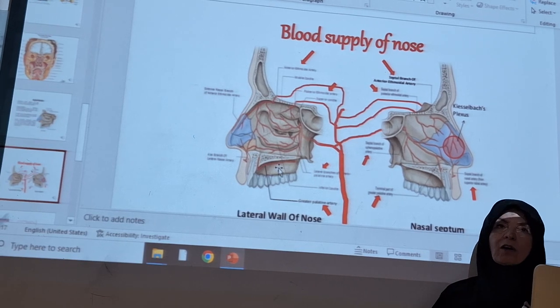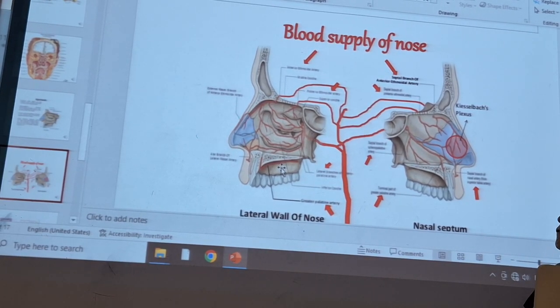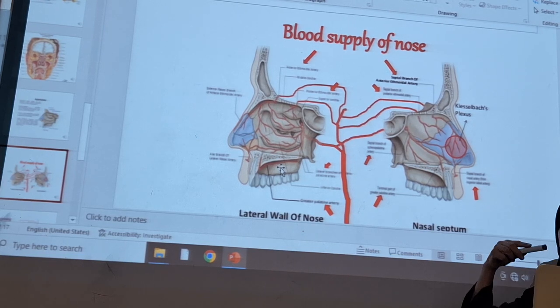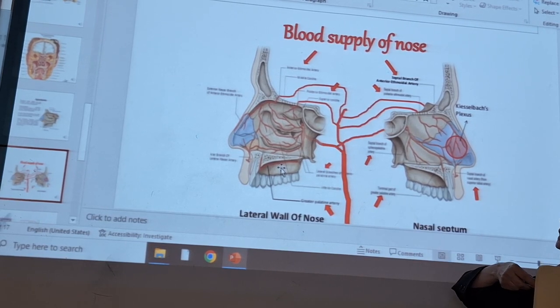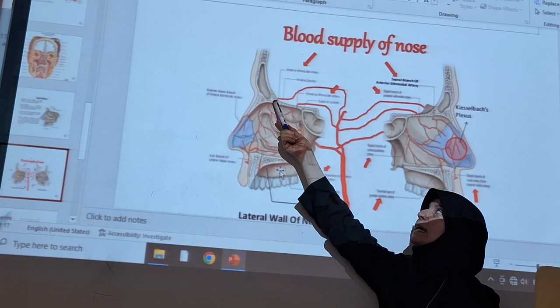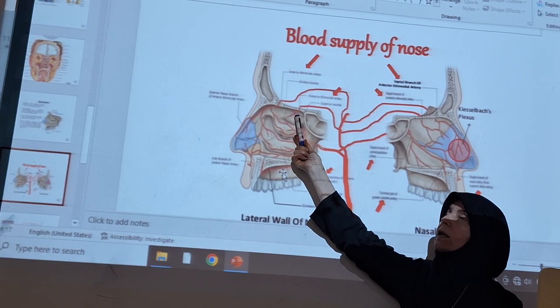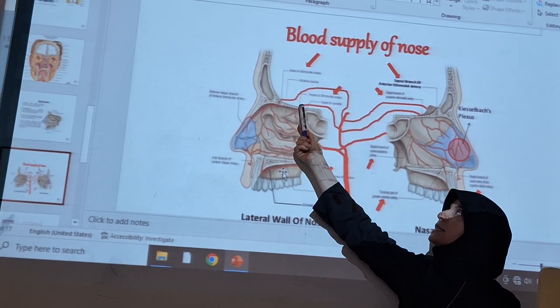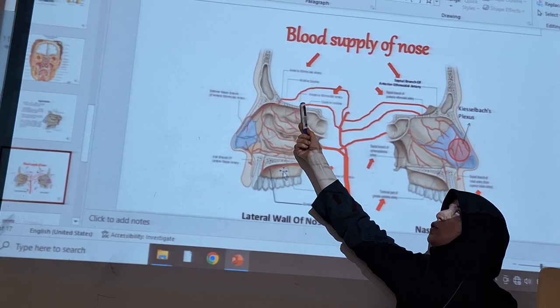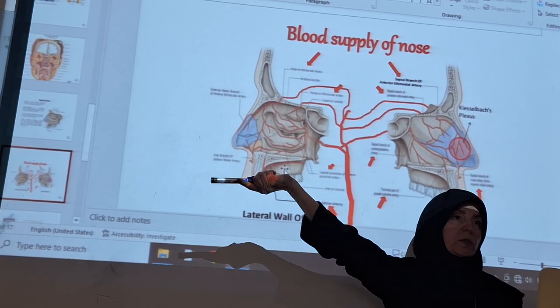From the ophthalmic artery that belongs to the internal carotid, we have so many branches. One of them we call the anterior ethmoidal, one of them the posterior ethmoidal. Anterior ethmoidal and posterior ethmoidal belong to the ophthalmic, and the ophthalmic belongs to the internal carotid artery.